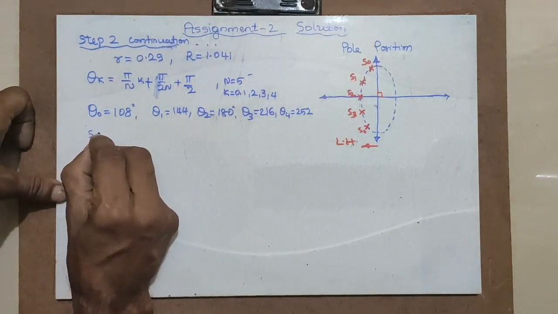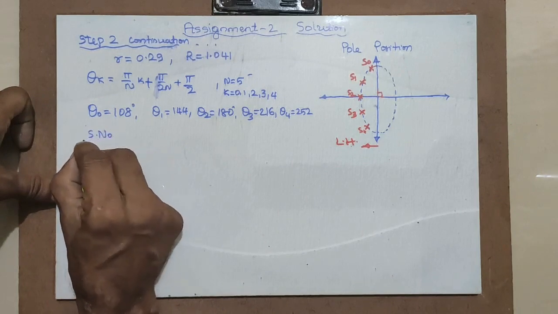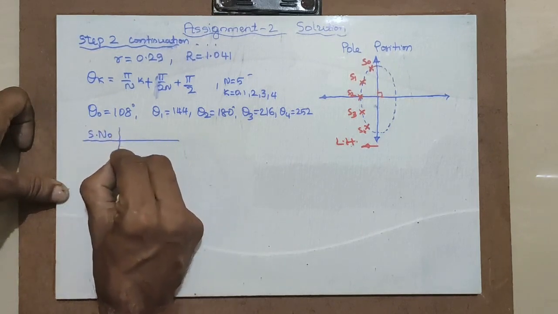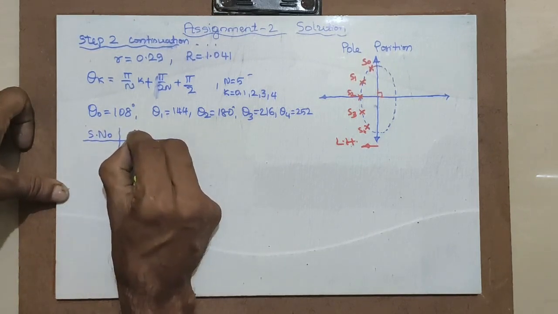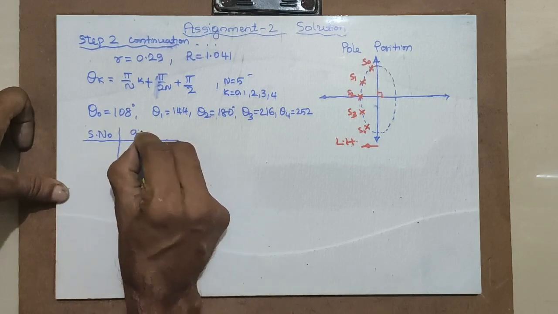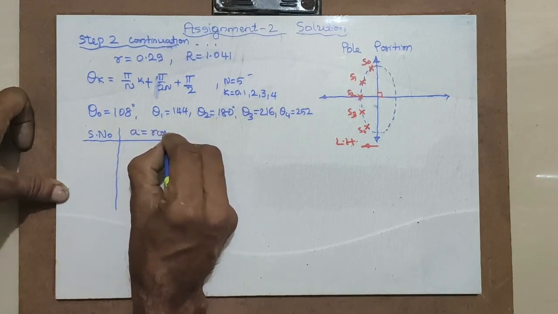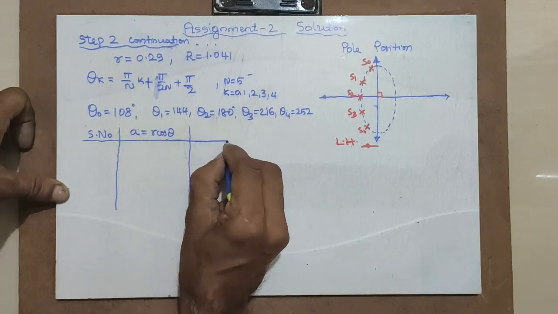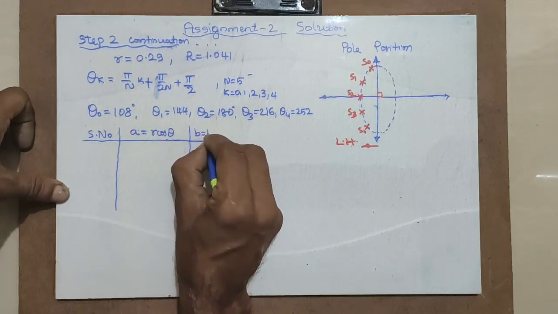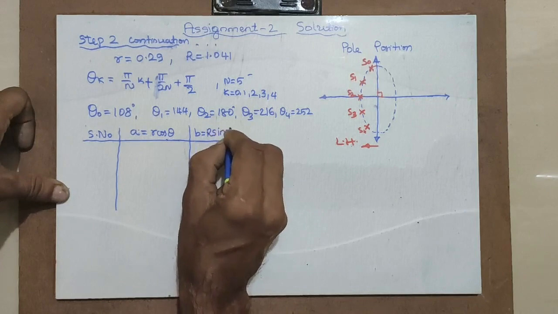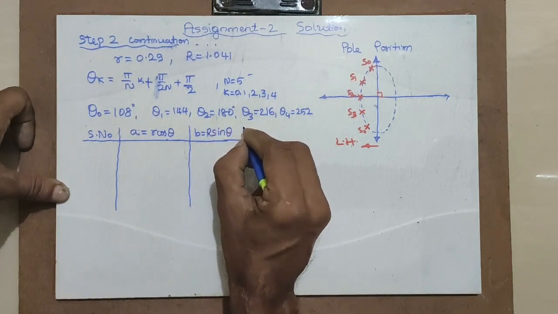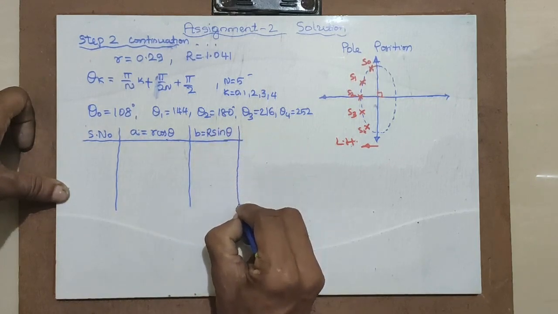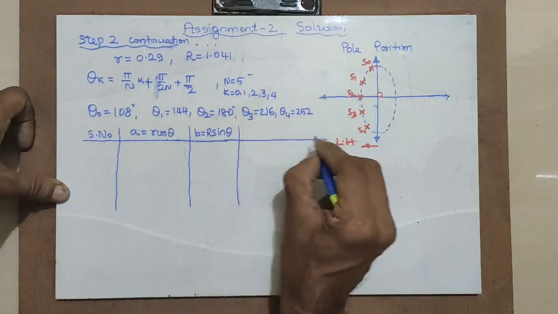This is apart from the previous video. Serial number, and have the value of A, which is r cos theta, and the value of B, which is r sin theta.